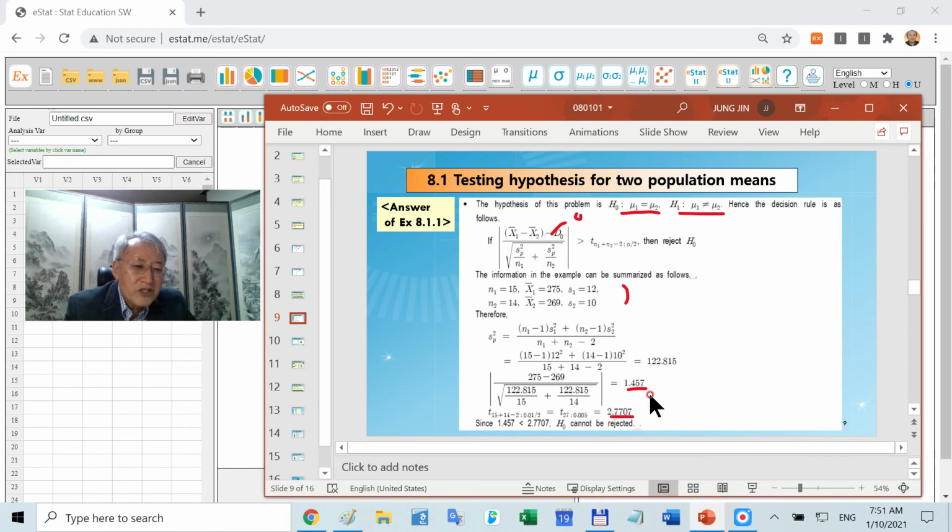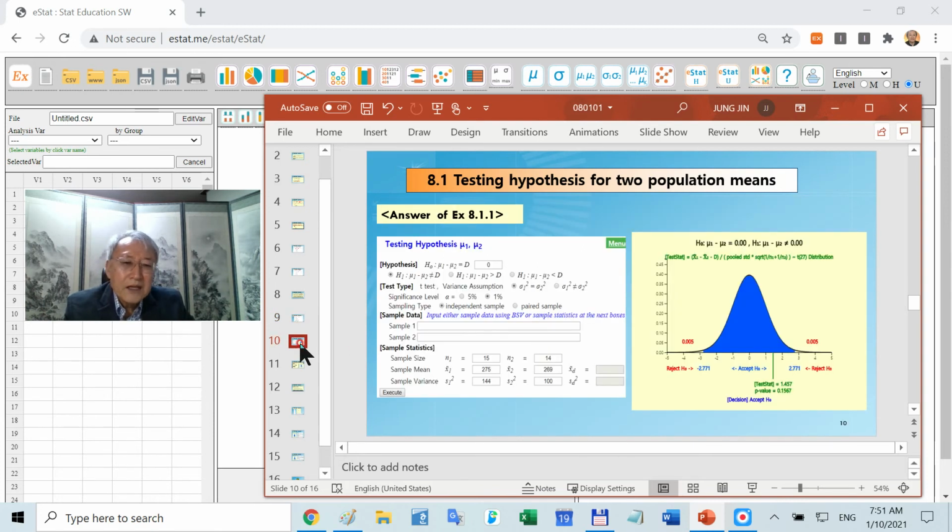What is your decision? The statistic is less than your critical value. This is a two-sided test, therefore it is inside the acceptance region. You cannot reject H0. Well, let's practice in a minute, and after that we discuss the next example.